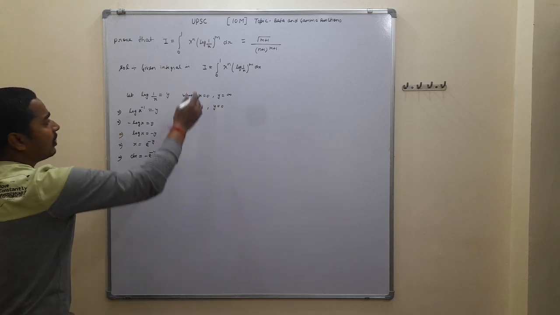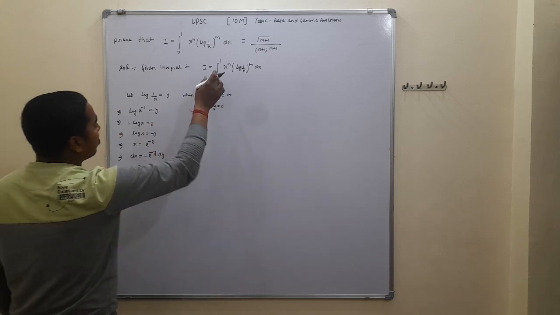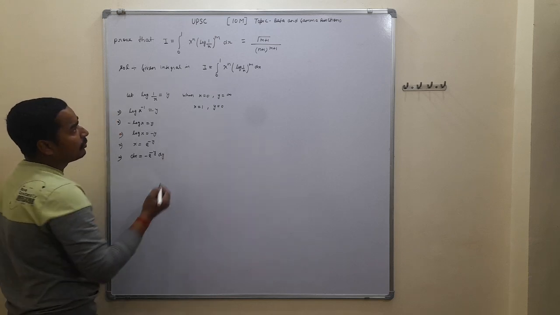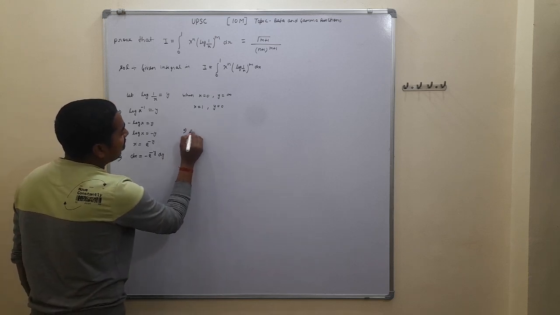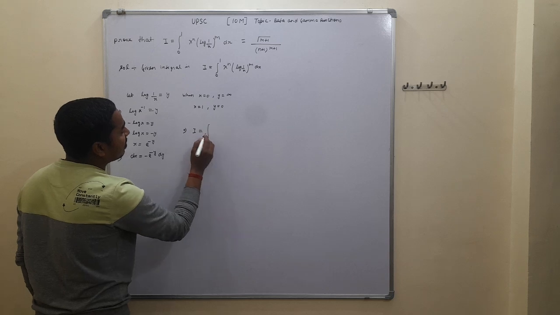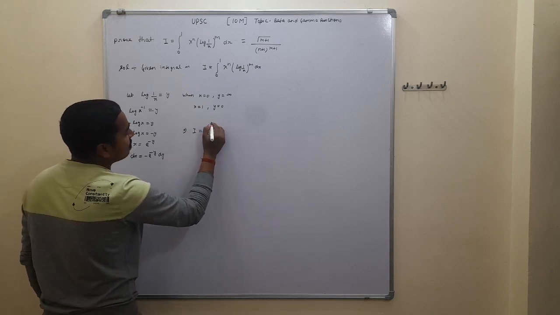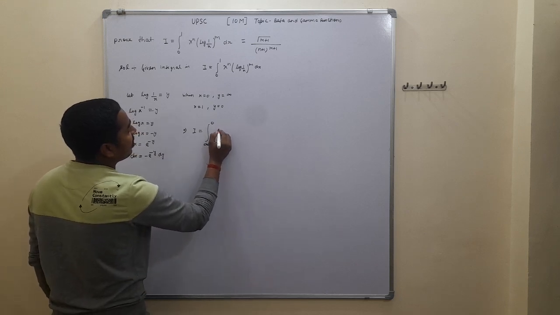So we can put the limit in the given integral: I equals integral, limit is changed, infinity to 0, and x to the power n.